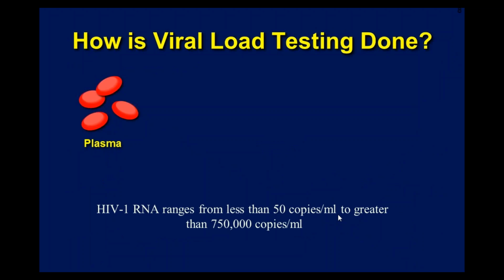One of the key things that helps us is that we do viral load testing. And some people ask, well, what does that mean, viral load testing? Viral load testing is a way of allowing us to actually measure how much virus is in an individual's blood. So they take blood, they take plasma, and then the HIV RNA gets isolated, and then using reverse transcriptase, which is the HIV's own mechanism for converting it to DNA, that gets converted into DNA.